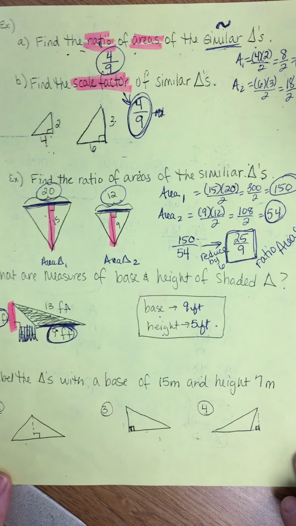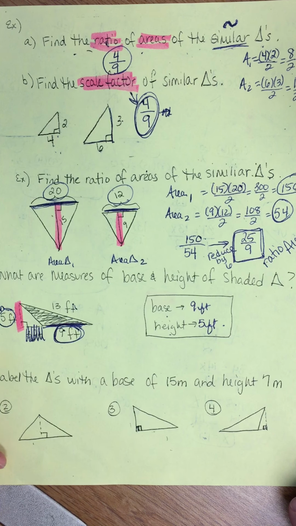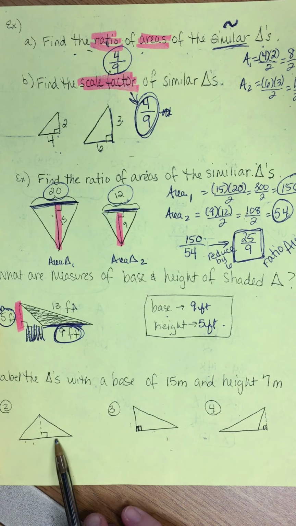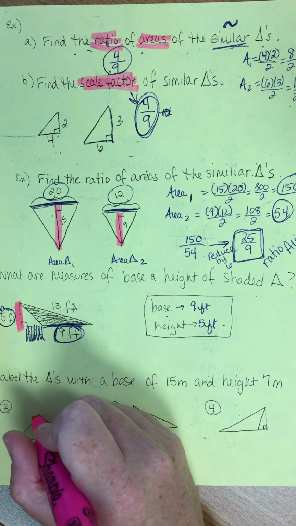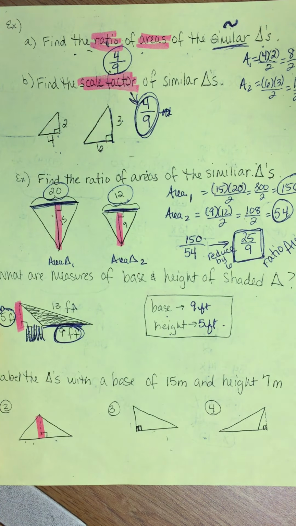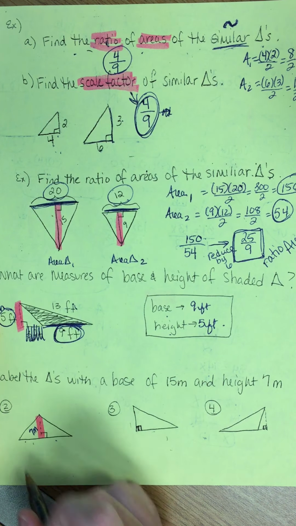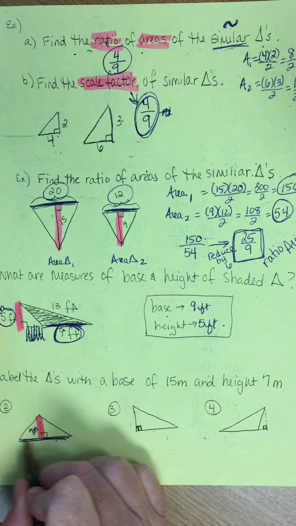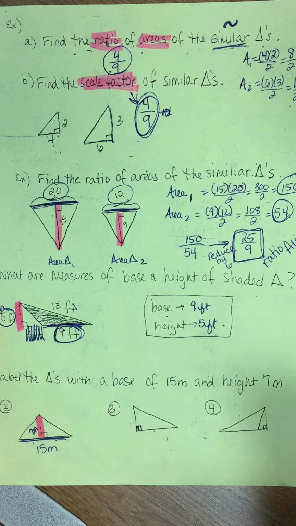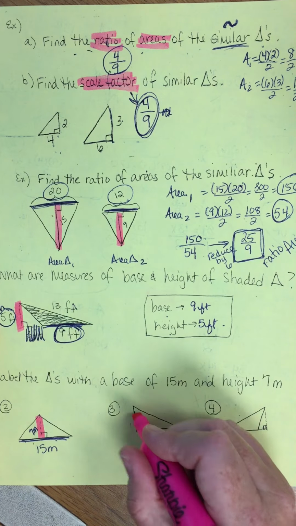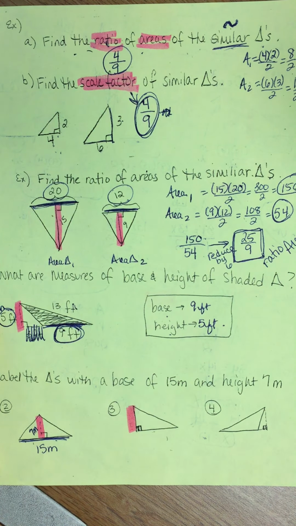And last but not least, our last problem. Label the triangles with a base of 15 and a height of 7. Here it looks like my height is inside, and that would be 7 meters. And then your base would be this whole bottom of 15 meters. Number 2 is a right triangle, where our sides are our base and our height.